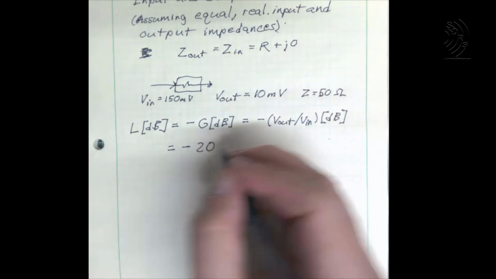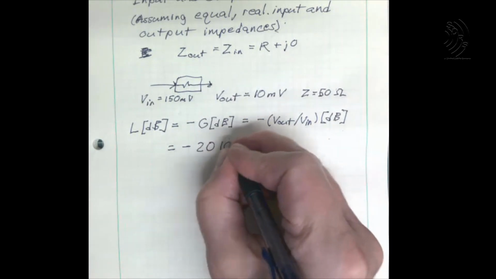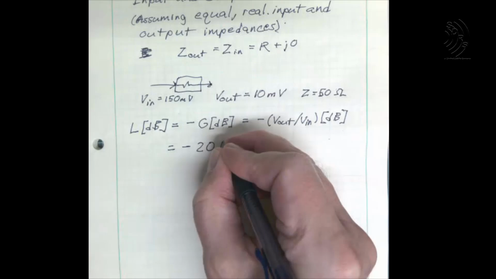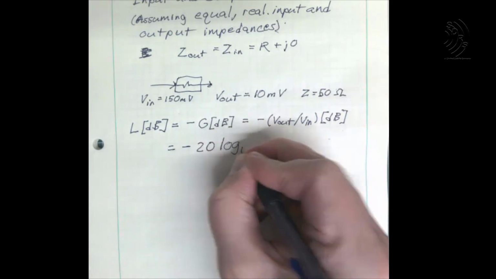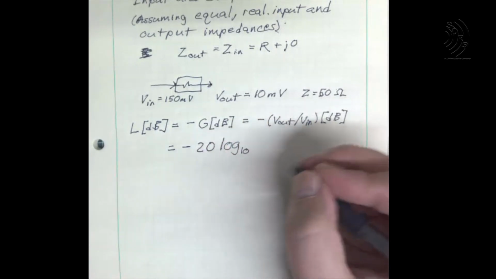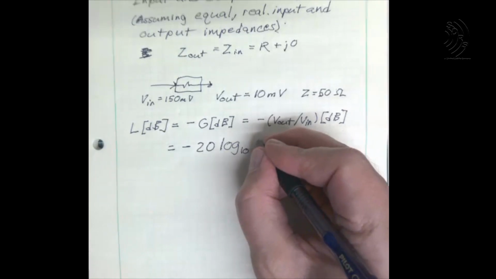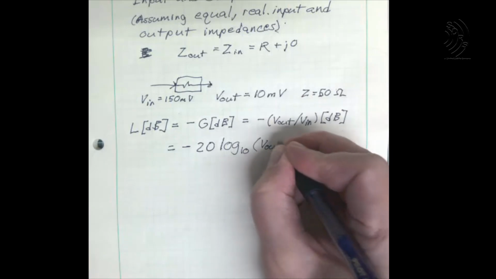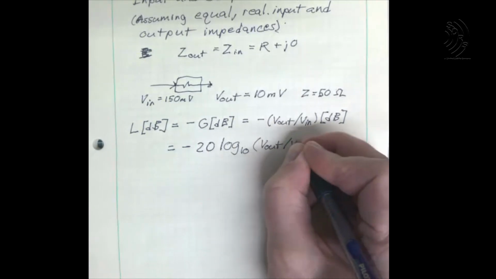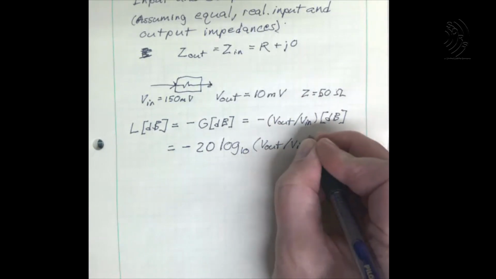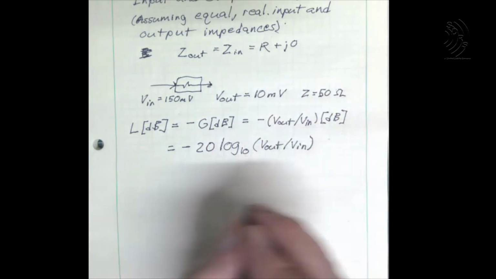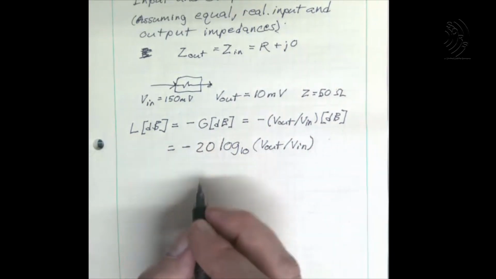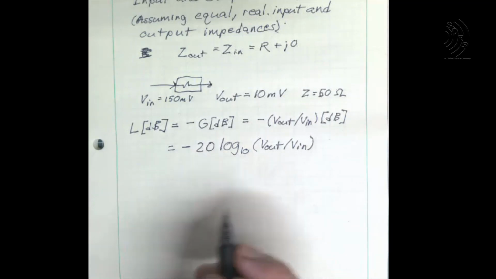We'll use 20 times log 10 of the voltage ratio V out over V in. And because we're calculating a loss and not a gain, we have a negative sign here.